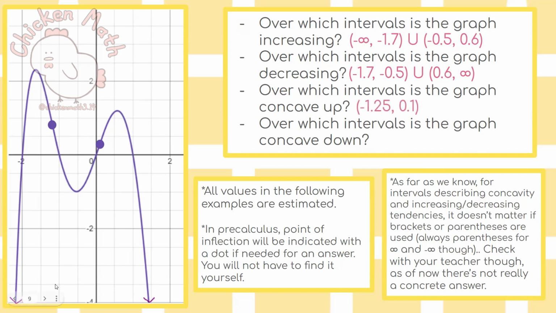And then for concave down, where the rate of change decreases, that would be these sections because it's down like a frown. So we have negative infinity to negative 1.25, this point of inflection, and then this point of inflection, 0.1 to infinity.